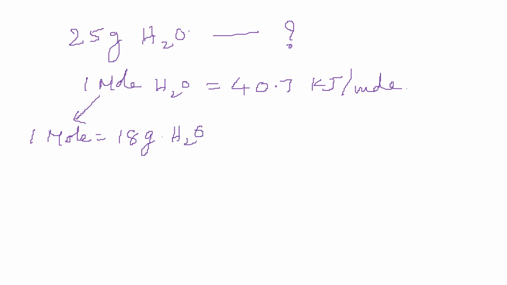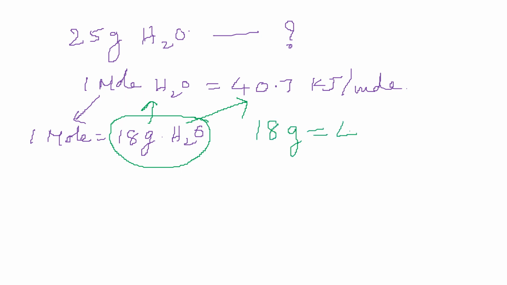So 1 mole of water is 18 grams. Indirectly, 18 grams of water is equal to 40.7 kilojoules.